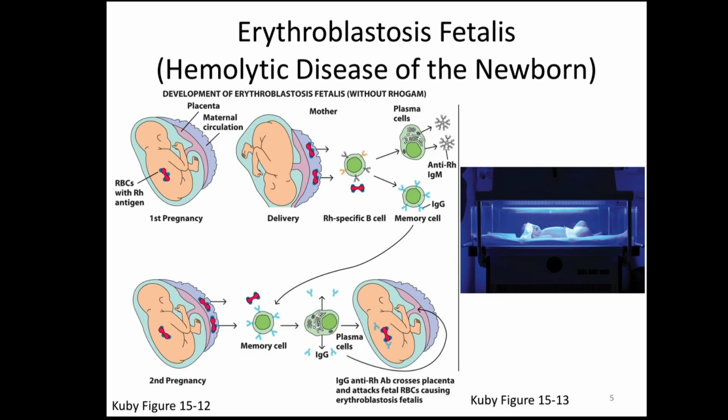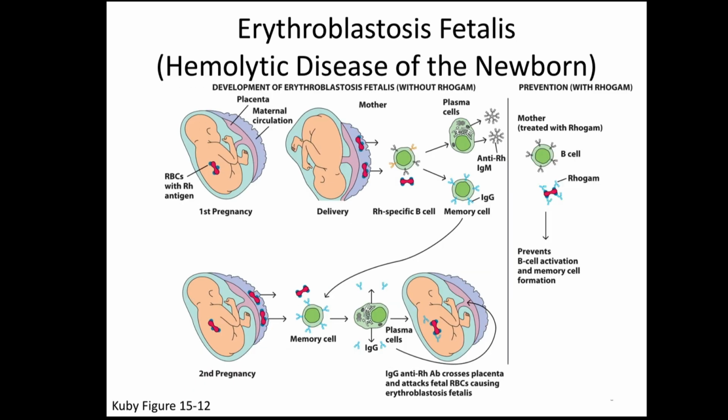Happily, we have a really good way that we can prevent this disease. So this disease doesn't happen as frequently now. Typically now, what happens is that mom and baby are both tested at some point to see if they're Rh positive or Rh minus.